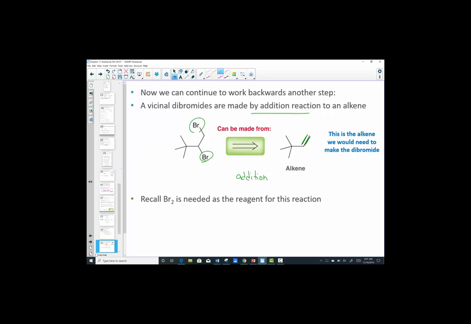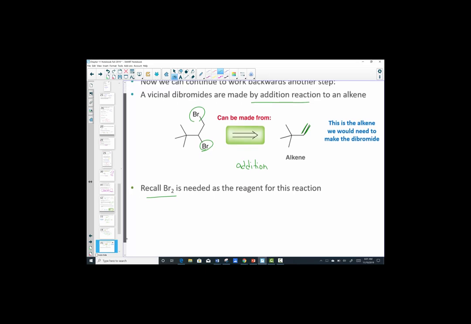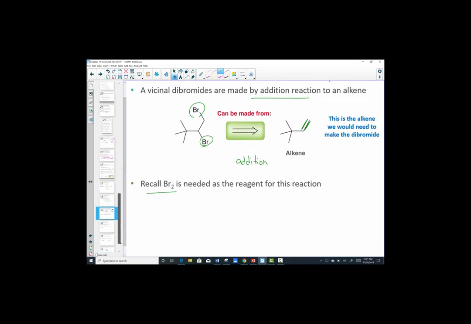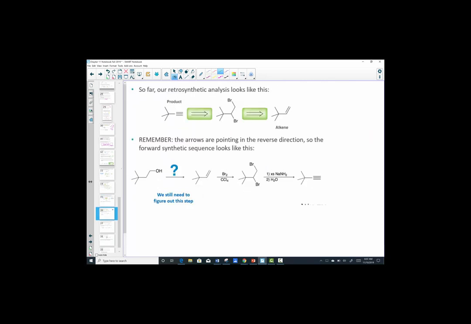We need to add bromine into the workup, so we call that an addition. And how we accomplish adding 2 bromines to a molecule is through the workup of an alkene. Now, how do I get the bromine in there? Well, we understand I would need a molecular bromine to add 2 bromines across the double bond. And so I'm working backwards and deciding what do I need now on that arrow.